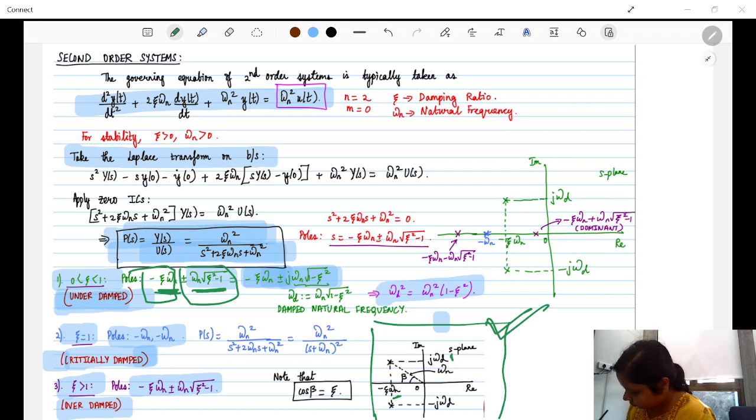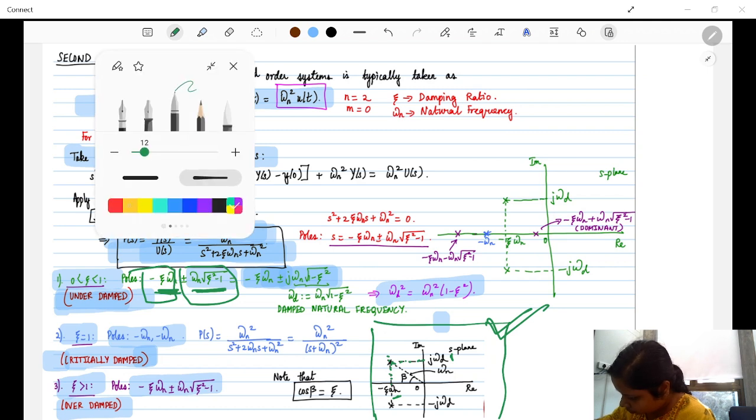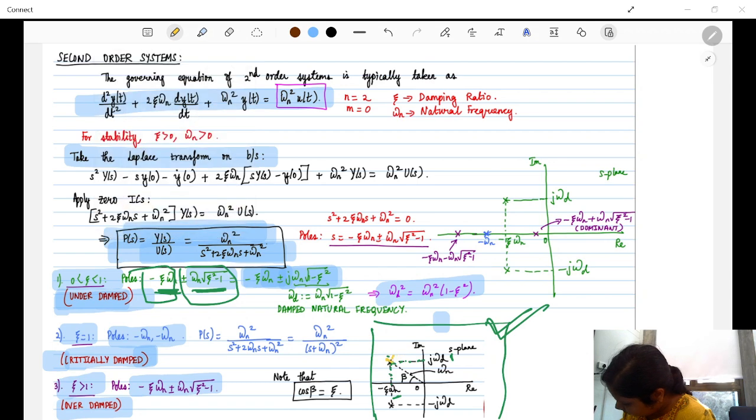So if you try to find out, I'll change the color of the pen, the magnitude of a point that is present here, or how far it is from the origin, then you can just do the square root of minus zeta omega n whole square plus omega d square.